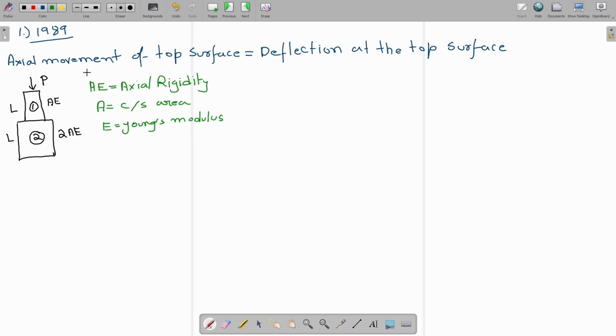Now, to solve this kind of problem, first we need to find out what type of connection the bodies are making. Is it series or parallel?